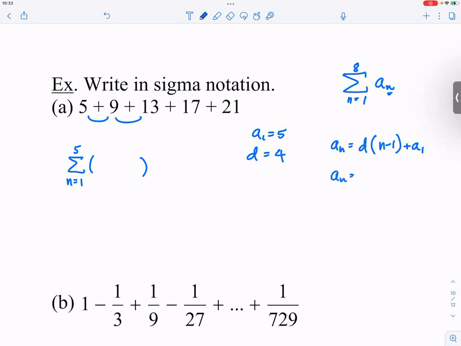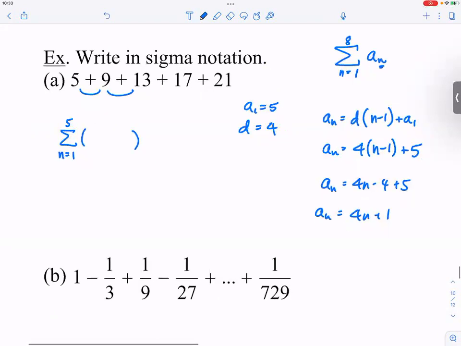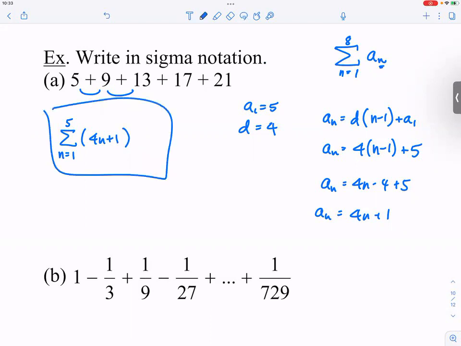So AN is equal to 4 times N minus 1 plus 5. So you have 4N minus 4 plus 5. So you have 4N plus 1, which is AN. So you can just write down 4N plus 1 here, and that would be the notation for this term.